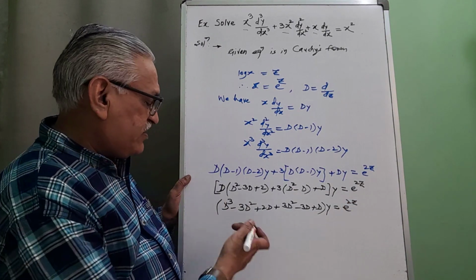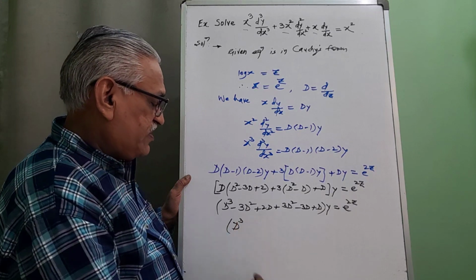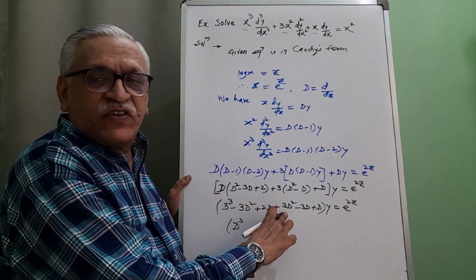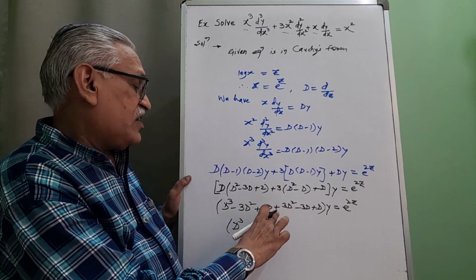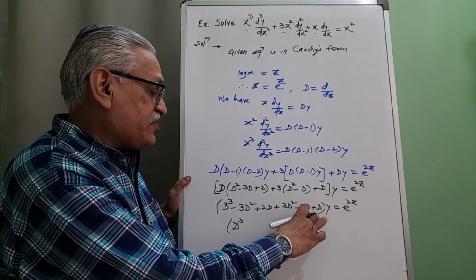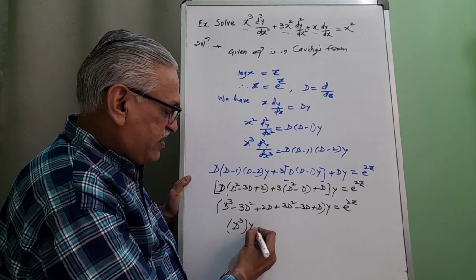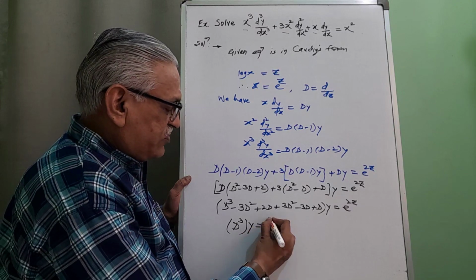Again simplifying it, we get D cube minus 3D square plus 3D square get cancelled. Plus 2D and minus 2D also get cancelled, and we have only D cube operated on y, and that is equal to e raised to 2z.